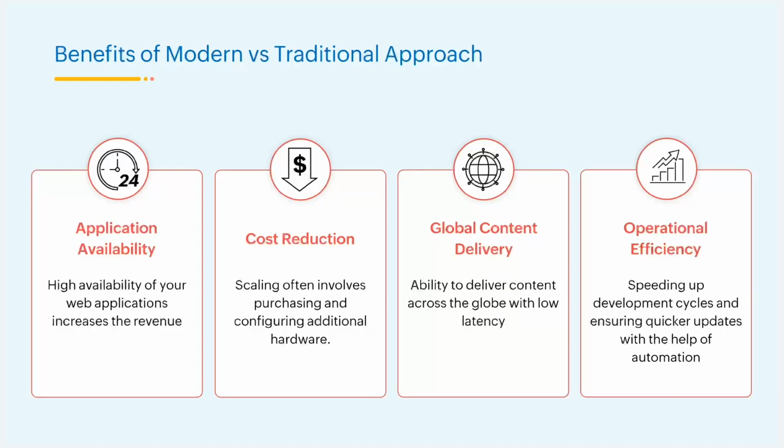The third is global content delivery. Content delivery may be constrained to a specific location or data center, where users in different regions might experience latency and slower performance, that is, load times. Using a content delivery network and edge computing will ensure faster and more reliable delivery globally.